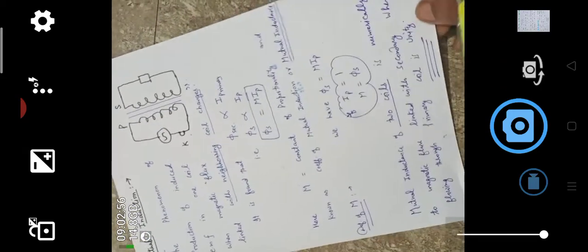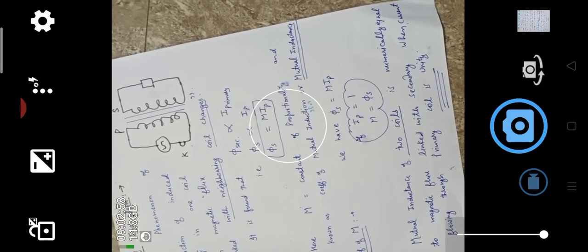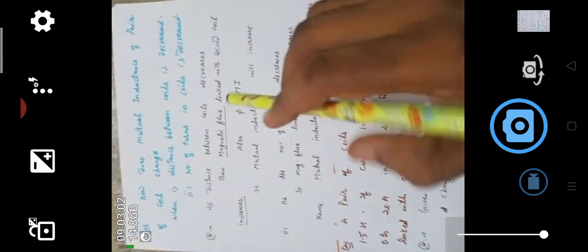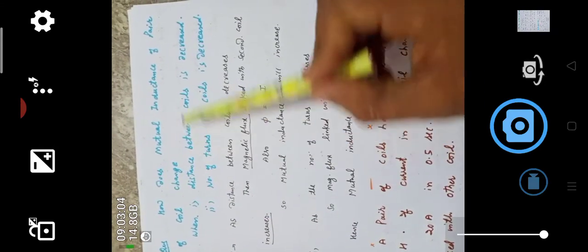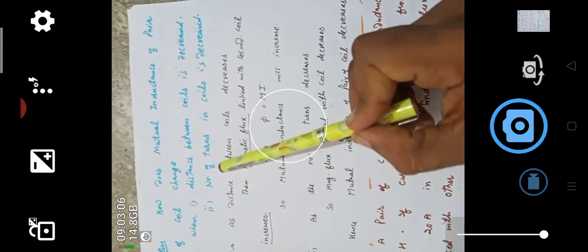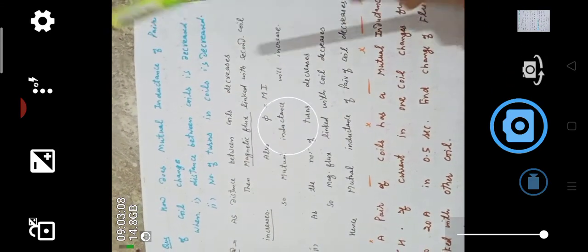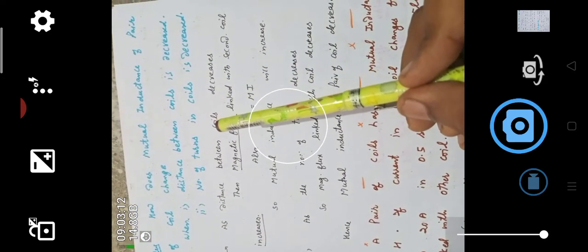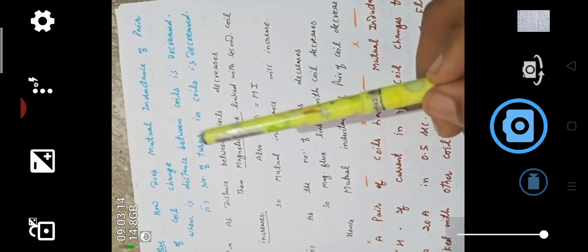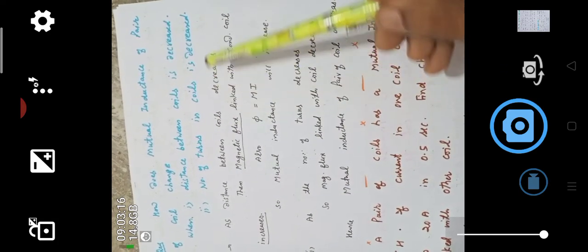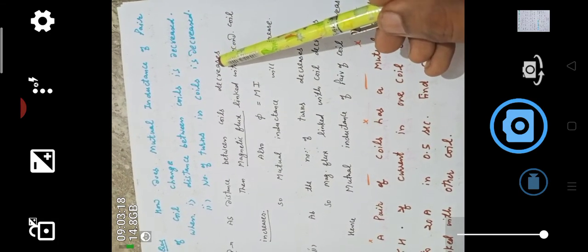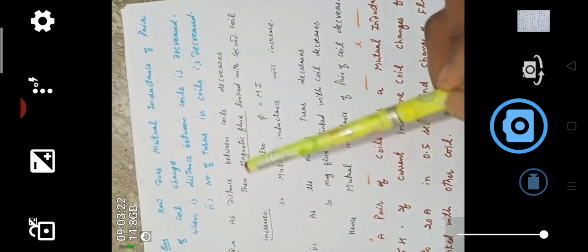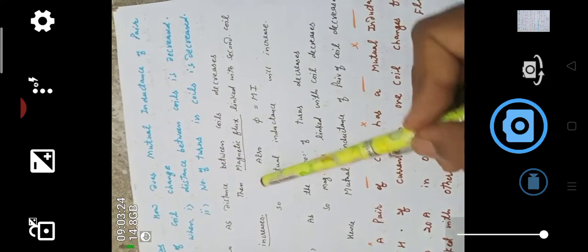Yes. Now the next question is, how does mutual inductance of a pair of coils change when distance between the coils is decreased, and number of turns in the coils is decreased? As the distance between the primary and secondary coils decreases, then magnetic flux linked with secondary coil will increase.